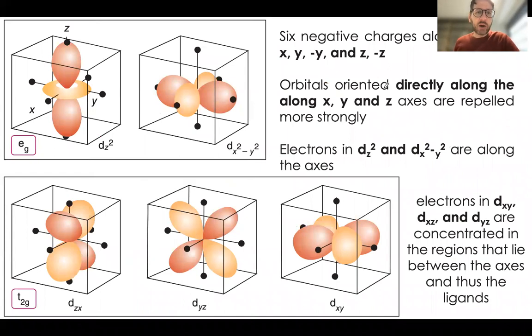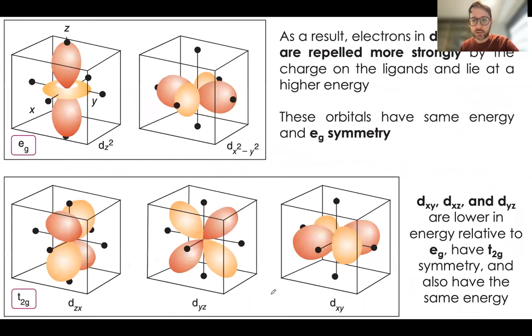So here we have a representation of the ligands as point charges along the Cartesian axes and the different orbitals and their positions relative to X, Y, and Z. And then we see that the orbitals positioned directly along the axes will have the energy increased relative to the body center, while the orbitals positioned in between the axes will have the energy decreased relative to the body center.